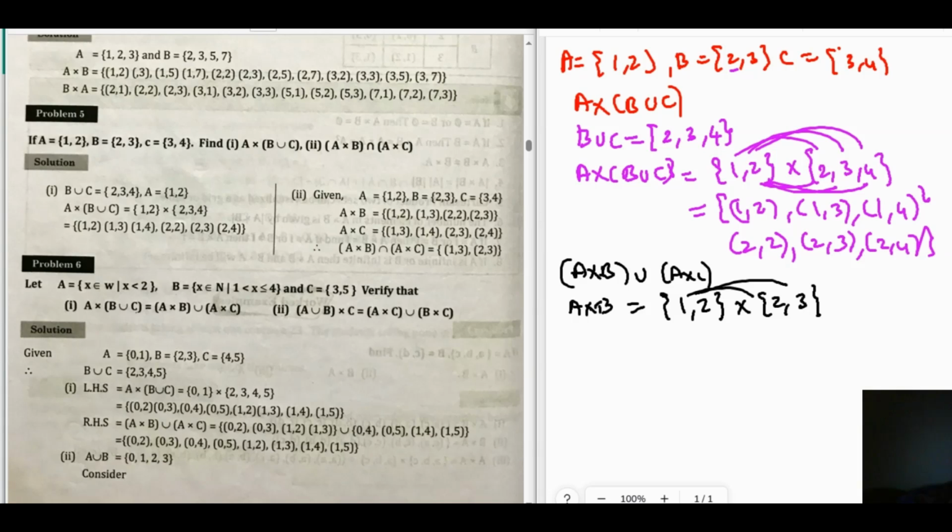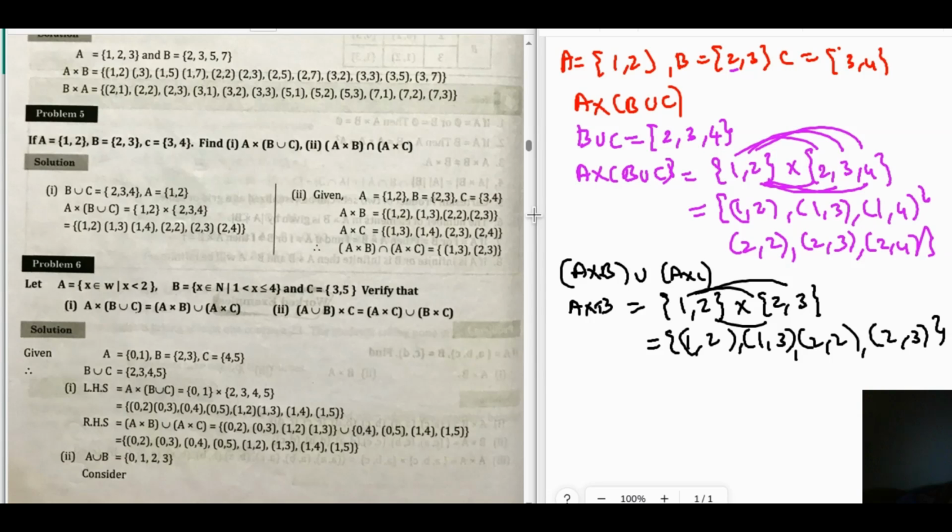Then the next question is (A cross B) union (A cross C). So first I find A cross B. A cross B will be {1, 2} cross {2, 3}. So (1, 2), (1, 3), then second element (2, 2) and then (2, 3).